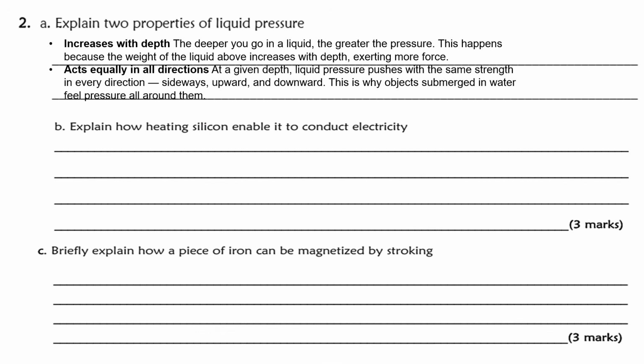The material called silicon is a semiconductor. It has three layers. First of all, there is what is called the valence band. This is the valence band.